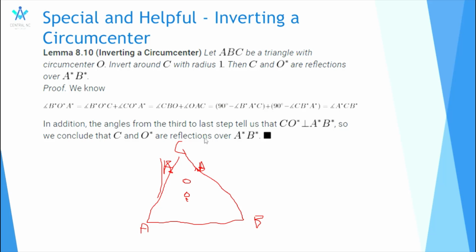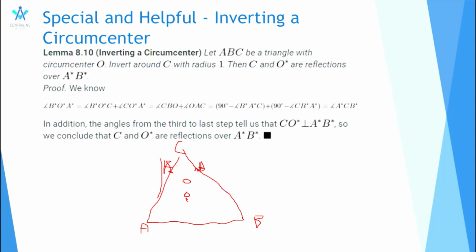These angles tell us that CO prime is perpendicular to A prime B prime, and because we have B prime, O prime, A prime equal to A prime, C prime, B prime, we can conclude that C and O prime are reflections about A prime B prime. So that's pretty cool.